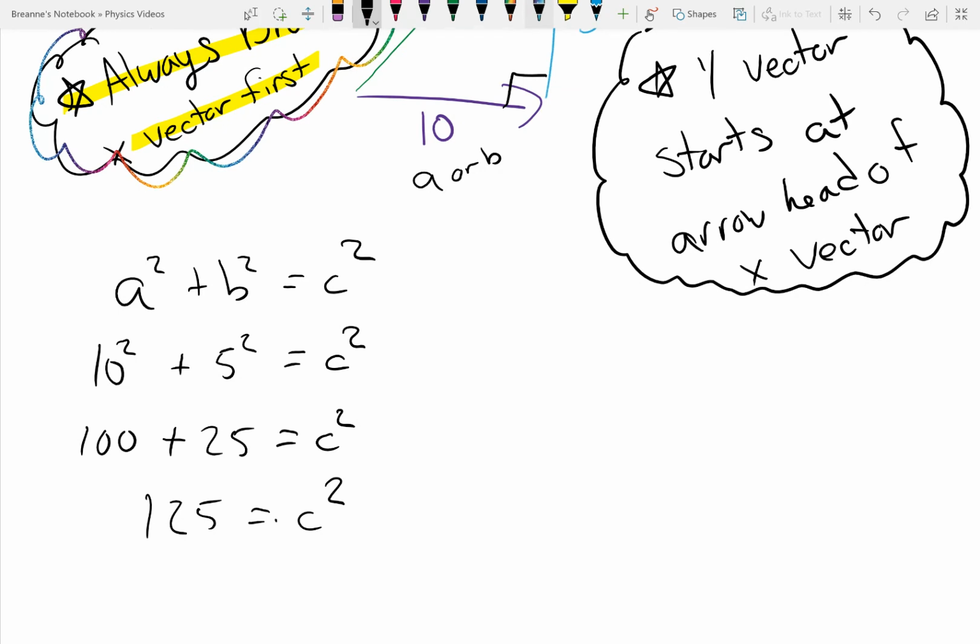You have to take the square root. So 125, the square root of that is 11.18. That is your hypotenuse.